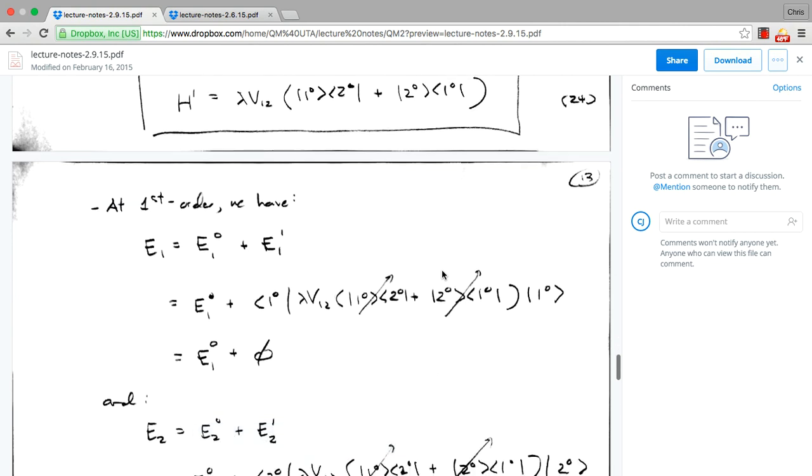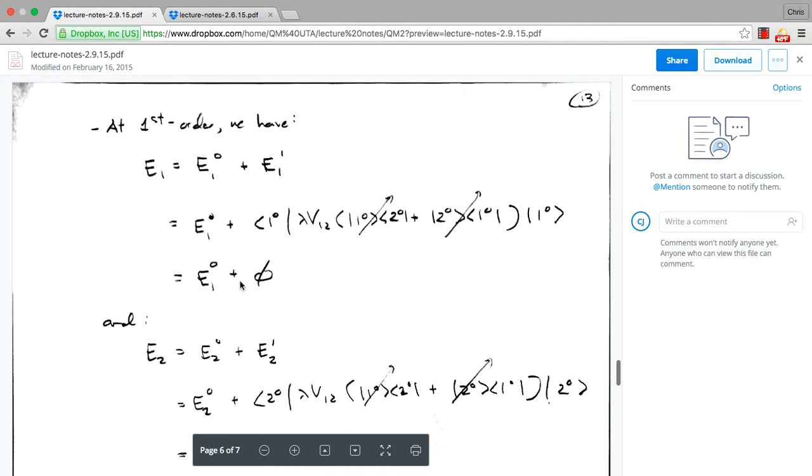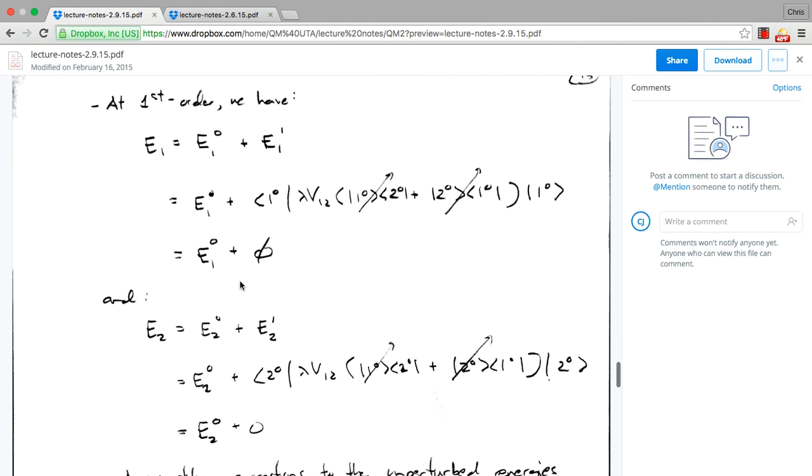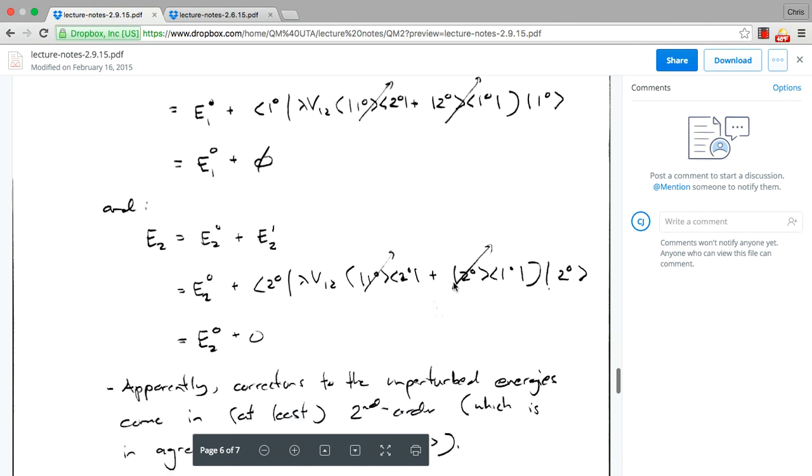And so if you put that between two unperturbed kets, that's going to give you 0 because these guys are orthogonal. This 1 on 1 is going to give me 1, but this 1 on 2 is going to give me a 0, and likewise for this term. So at first order, we just get back the unperturbed energy eigenvalue, and it works the same way for E2.